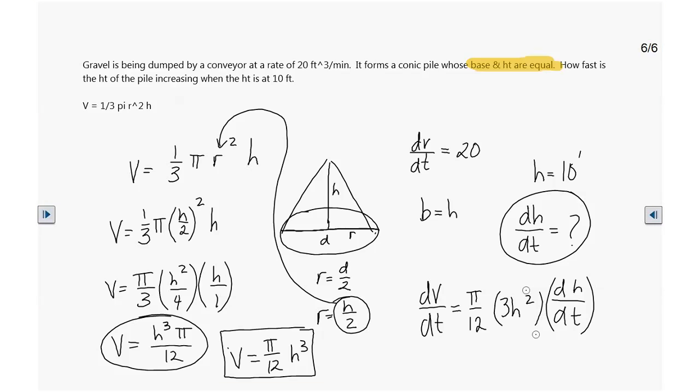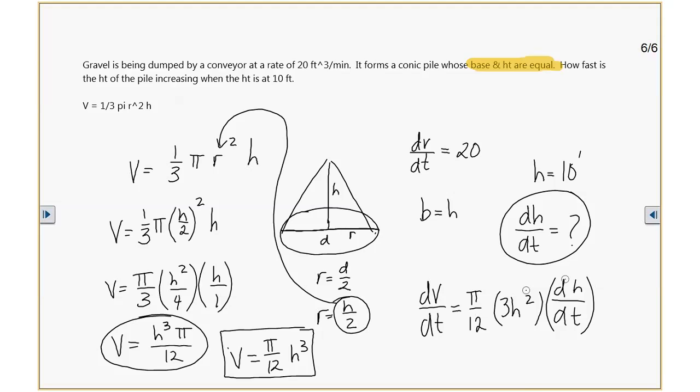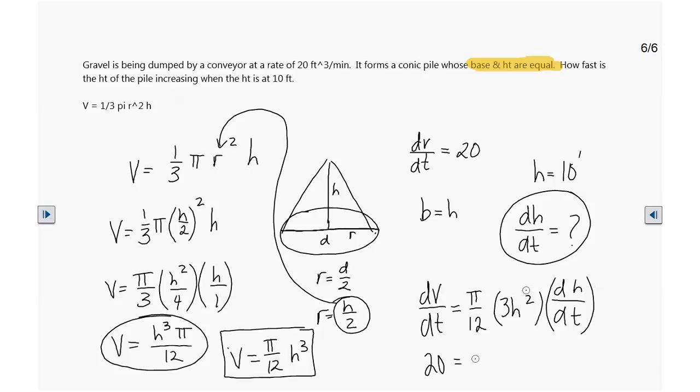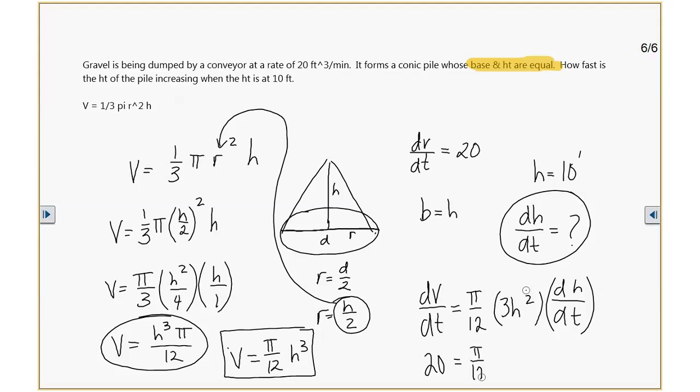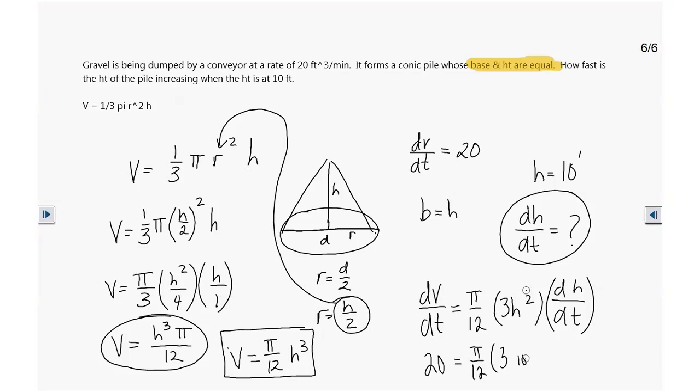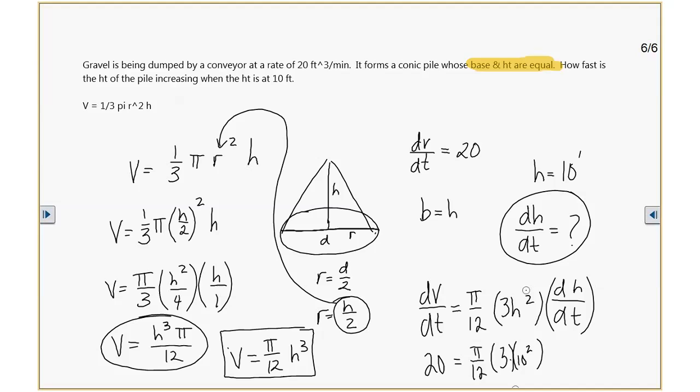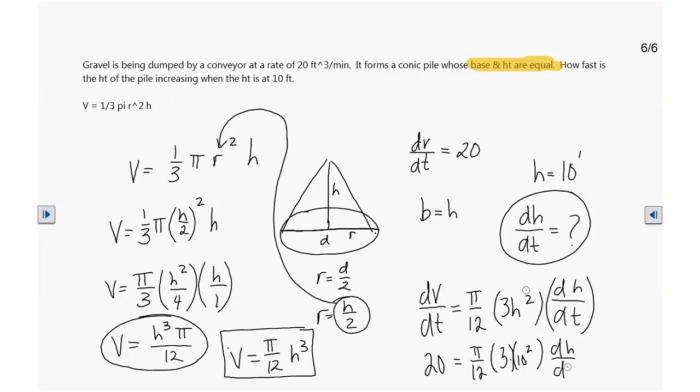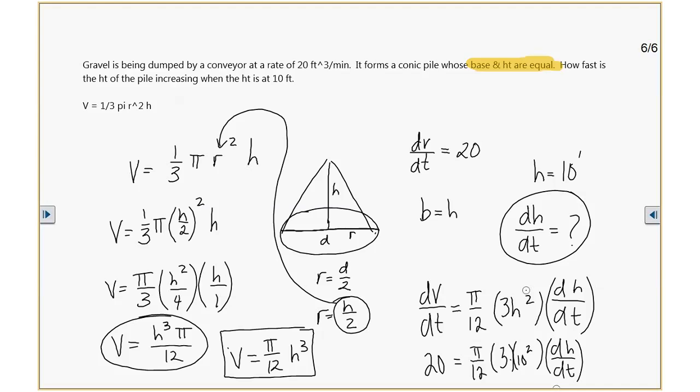Now we go up to our handy dandy stuff that we have and stuff that we need, and you can solve this, or you can plug and chug and solve. It doesn't matter. dV/dt is 20, pi over 12, 3, and h is what? 10. And dh/dt is sitting over here by itself. So it looks like to me it's going to be 20 divided by all that stuff on the right.